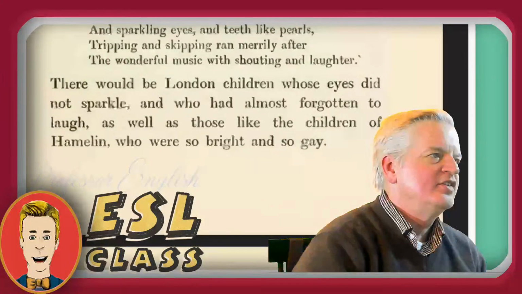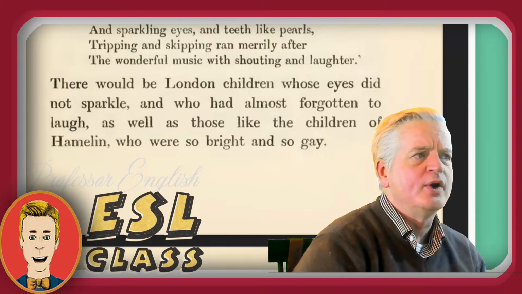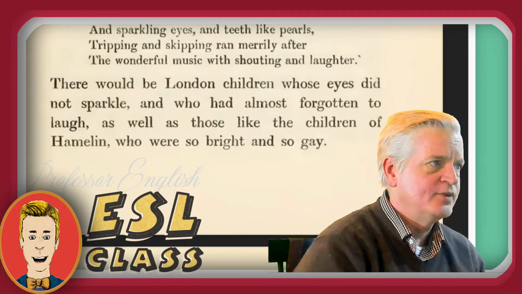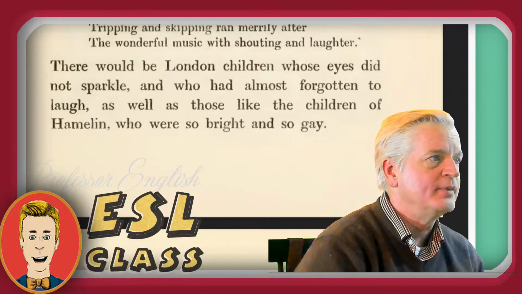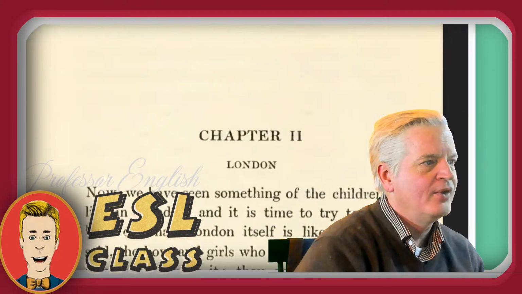There would be London children whose eyes did not sparkle, and who had almost forgotten to laugh, as well as those like the children of Hamelin, who were so bright and so gay.